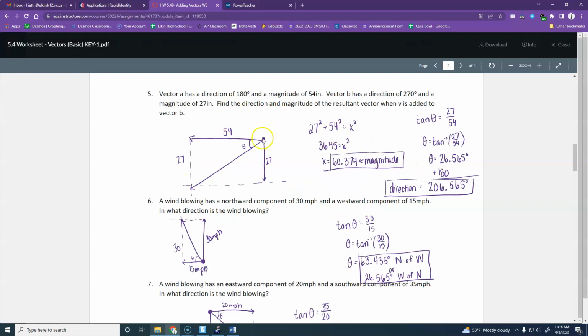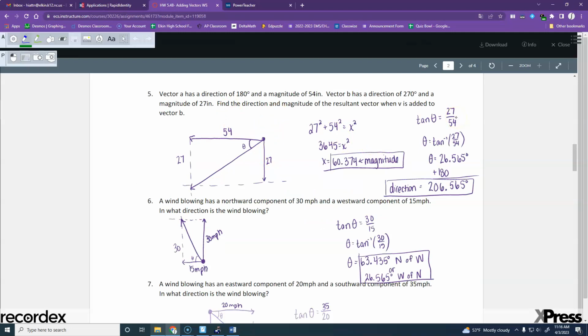Looking at these, right here, you know, this is 0 degrees, and then this would be 90 degrees, and this would be 180 degrees. This would be 270, and then if you go back around, it'd be 360, and then you could keep on going more than one rotation, but you won't see that on these problems.